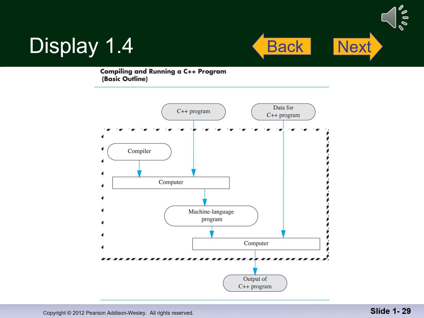This slide shows a basic outline of the steps for compiling and running a C++ program. You have in gray the C++ program, the source code, and the compiler along with the source code uses the computer to generate a machine language program that can be run, executed, and when that machine language program is executed by the computer, it most likely will, no, almost definitely will ask for data from the user, keyboard, file, any kind of input device.